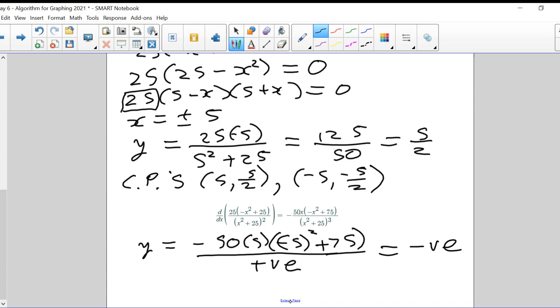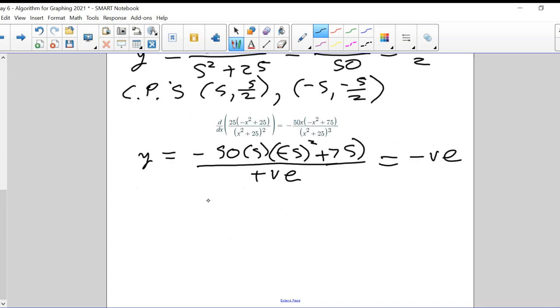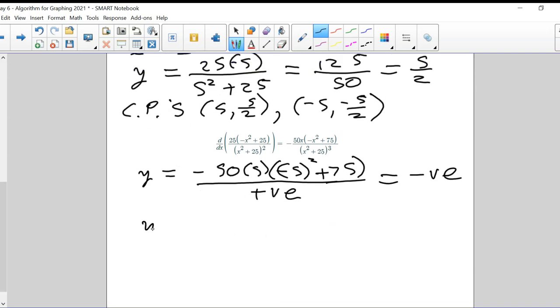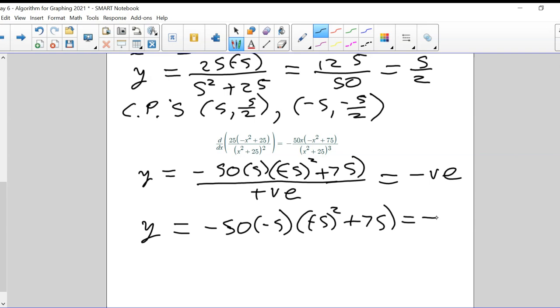And if I put in negative 5 this time, so minus 50 times minus 5, and then I put in minus 5 squared plus 75, that part's going to be positive. So I'm going to say this is positive.